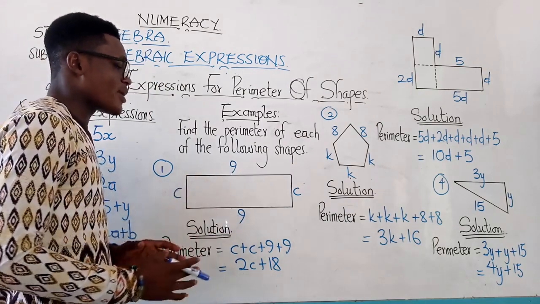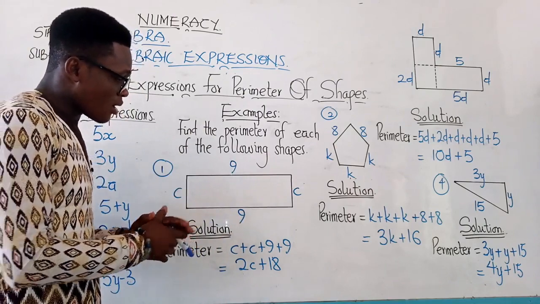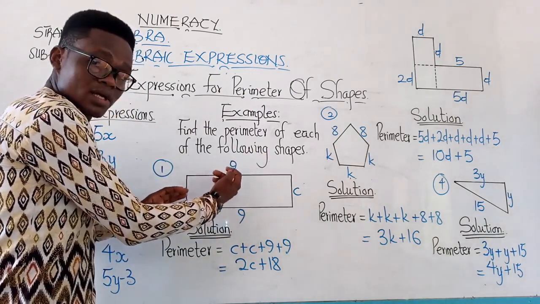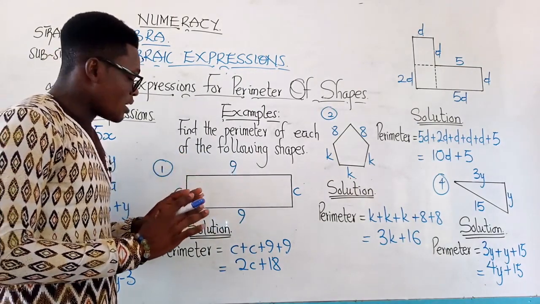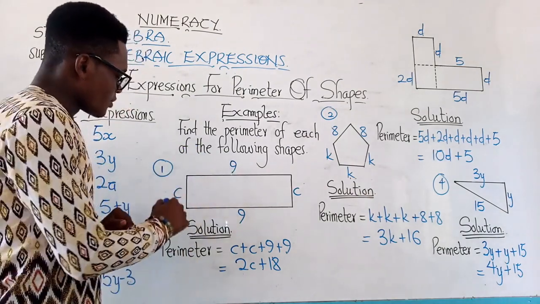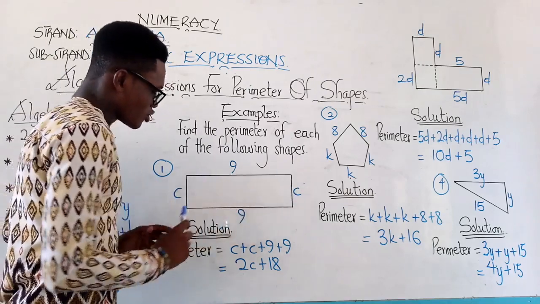Now in perimeter, we are supposed to sum up all the items, be it the variables and then the constants. When a number is standing on its own in algebraic expressions, it's known as a constant term. And then this is a variable and a variable. So we have what?